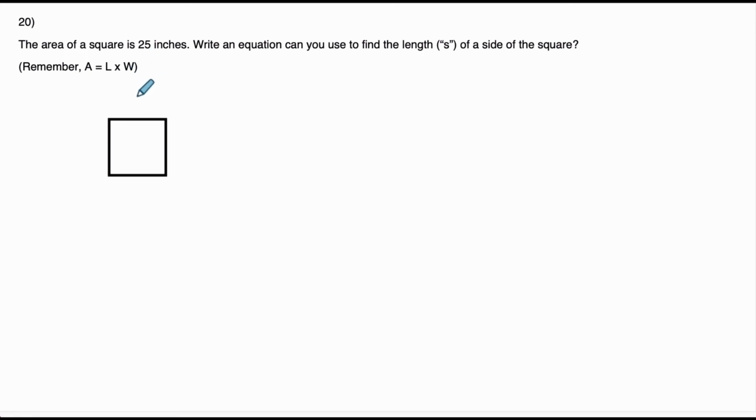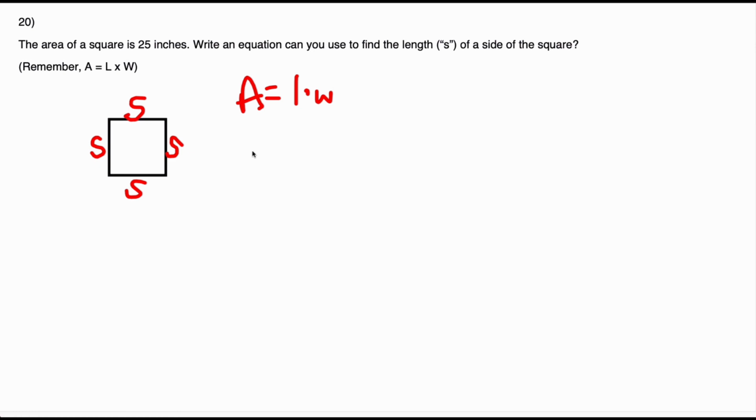And what do you know about a square? All of the sides are the same. That's why I said use the variable s for any and all of the sides. If this is s, since it's a square, this is s, and this is s. Those are sloppy s's that look like fives. And this is an s. And area equals length times width.